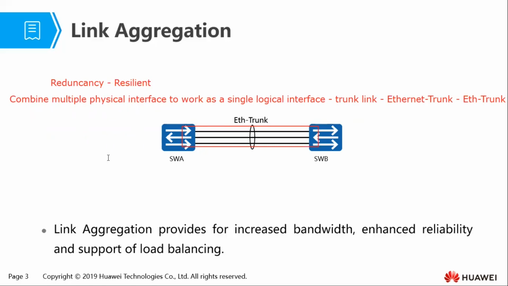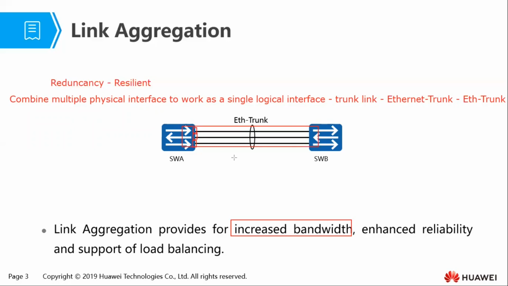Now, link aggregation provides several advantages, one of them being increased bandwidth. What does that mean? If this interface offers 100 megabits per second as the bandwidth, this one 100 and this one 100, because all of them are Ethernet interfaces, then in total, the logical link, the Ethernet trunk, will provide 300 megabits per second.